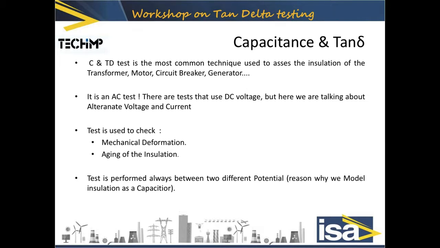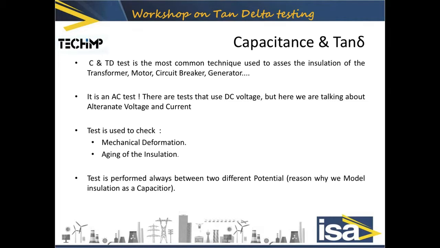So in the past, there were a lot of tests which used DC voltage. One of them is very common on a transformer. It's the 5 kV test, the polarization index test, and those tests are good, but AC test is even better for a few reasons. First of all, the results are more repeatable, while with the DC they're less repeatable.